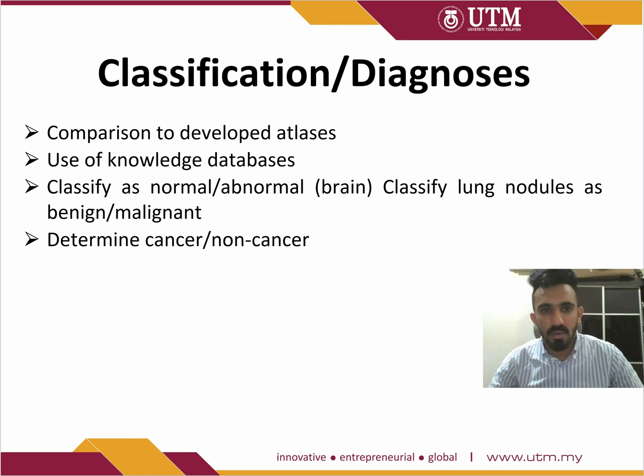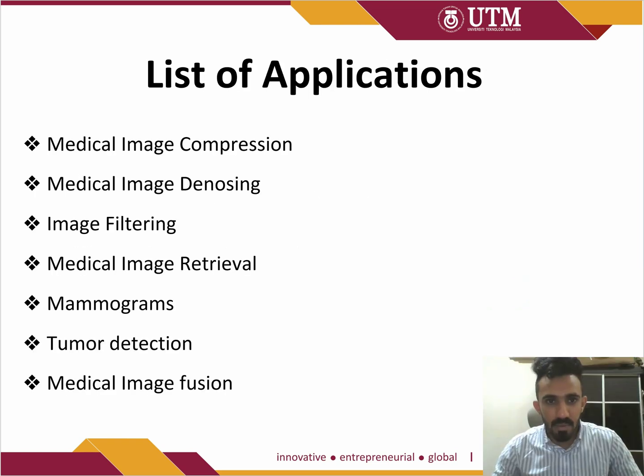Classification or diagnosis is used for comparison to atlases, use of a knowledge database, and to classify a brain as normal or abnormal, classify lung nodules as benign or malignant, and determine cancer or non-cancer. The image processing applications are medical image compression, medical image diagnosis, image filtering, medical image retrieval, mammograms, tumor detection, and medical image fusion.